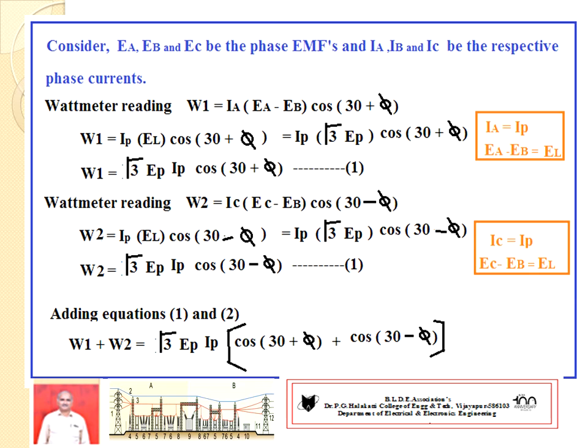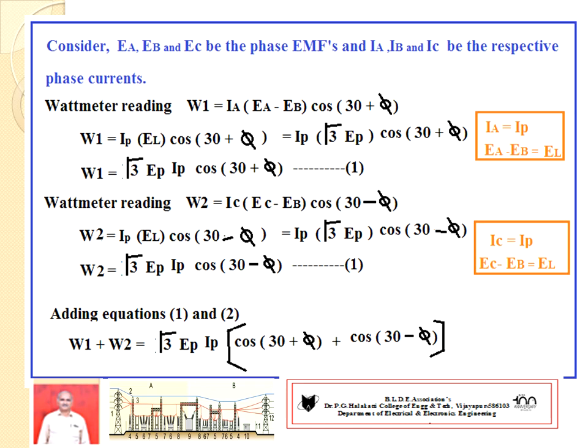So what is the current? IA. Voltage is EA minus EB, and cos of 30 plus phi. EA minus EB is EAB, that is the line voltage. IA is the phase current. So cos 30 plus phi as it is.